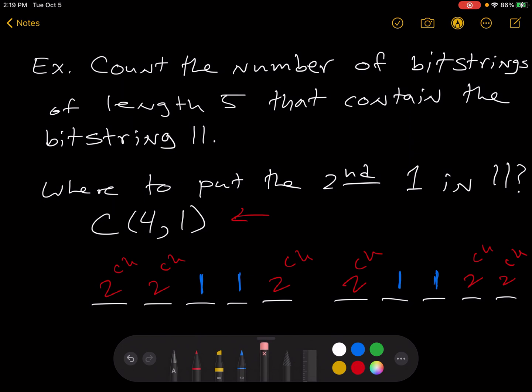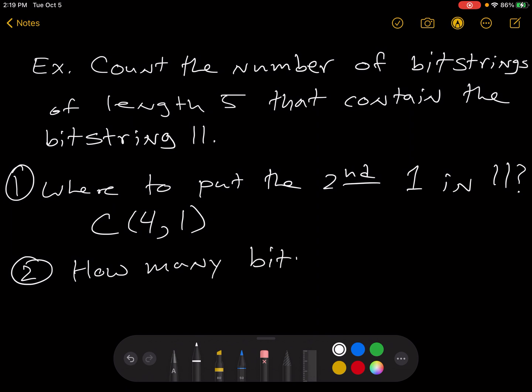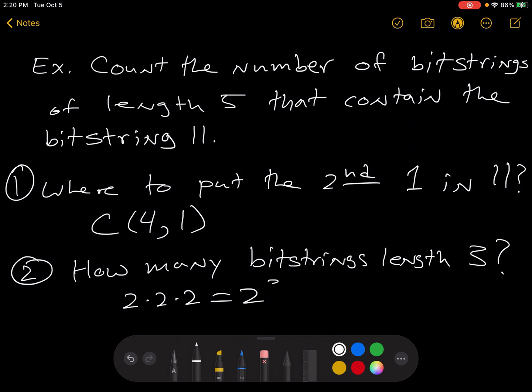Well, we know that. That's 2 times 2 times 2, otherwise known as 2 to the third.